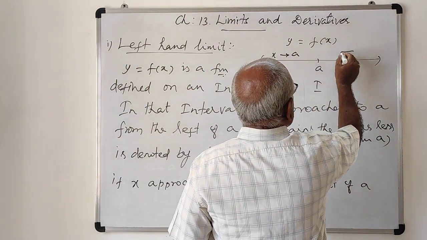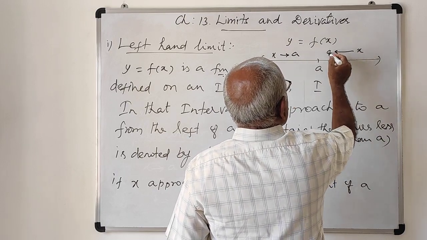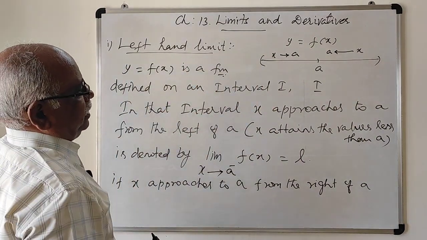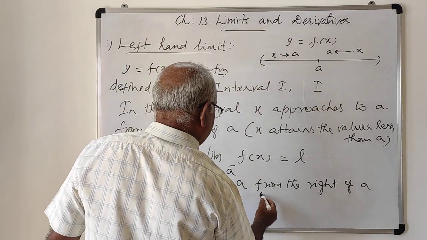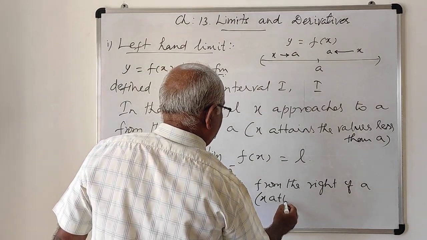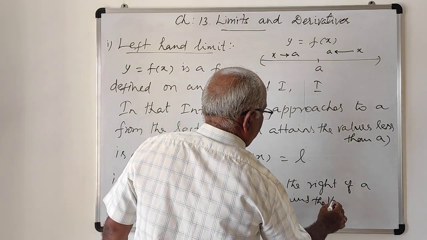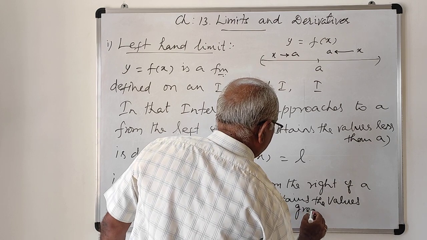So x approaches a on the right side of a, that is, x attains the values greater than a.